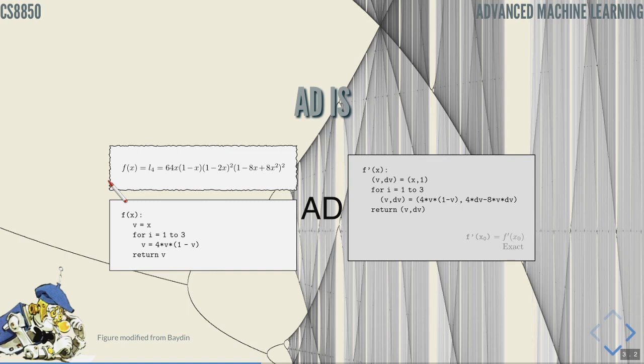Remember, the definition was L1 is x and L(n+1) is 4 L_n (1 minus L_n).